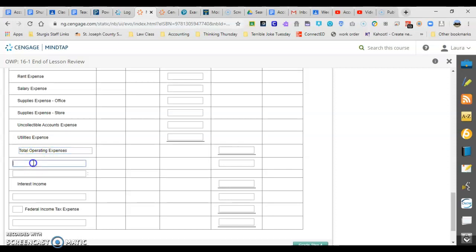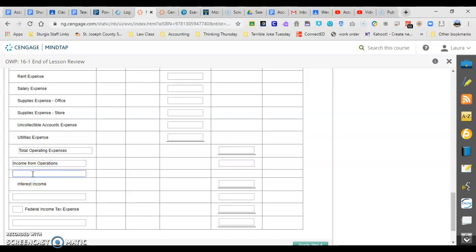Underneath that, you'll have income from operations. It helps to look on page 474 if you can have the book up when you're working on that, because it gives you the layout of this.